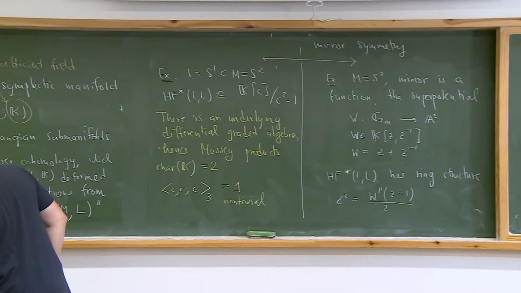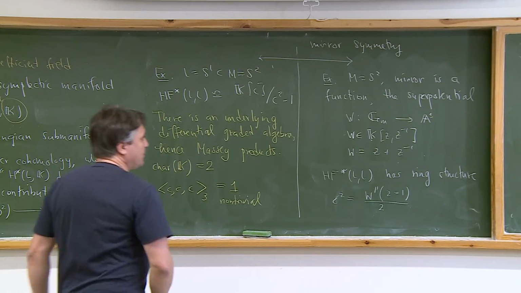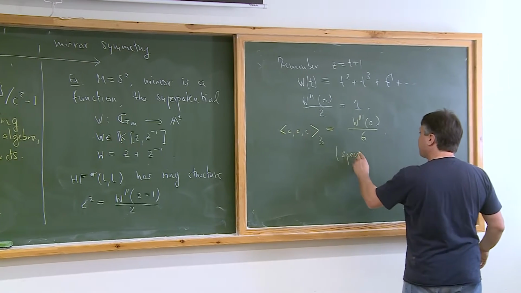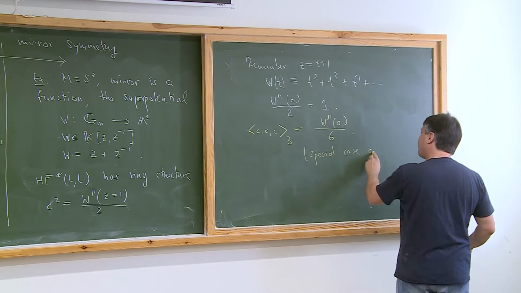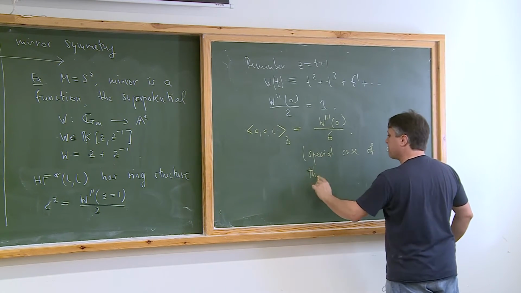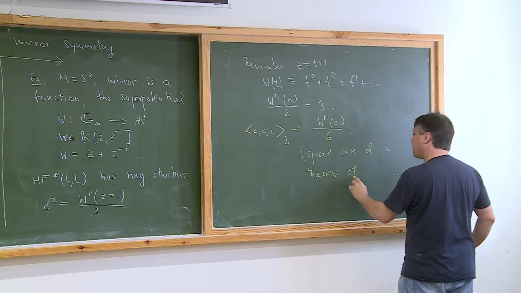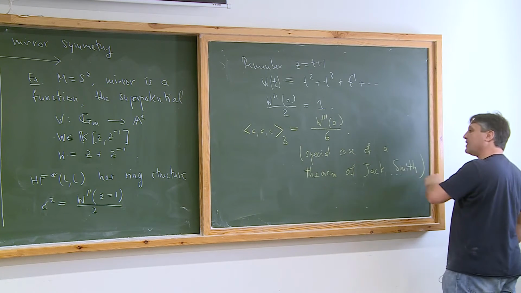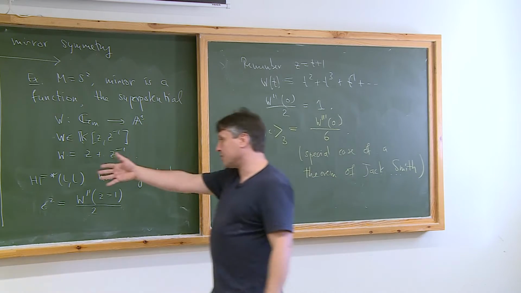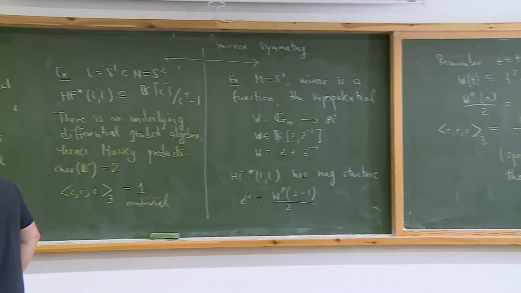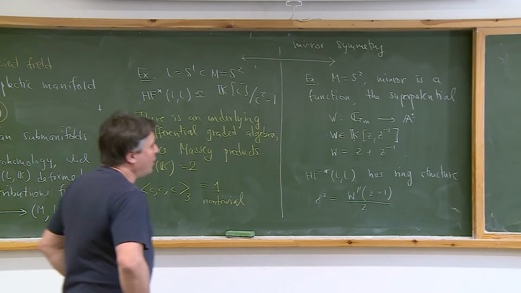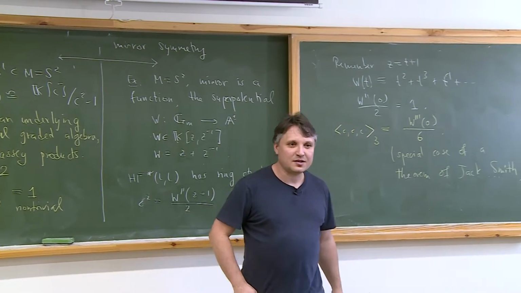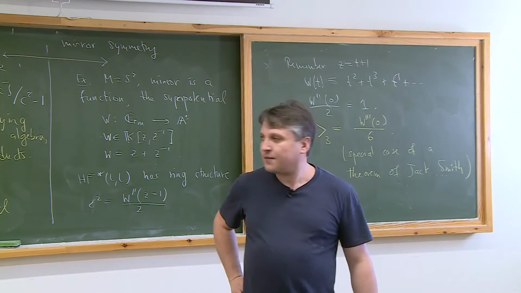It's not an immediately obvious fact, but this is a special case of a recent theorem by Jack Smith, which relates the higher order product structures to the Taylor expansion of the superpotential.